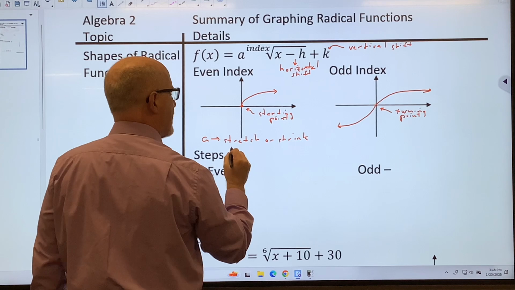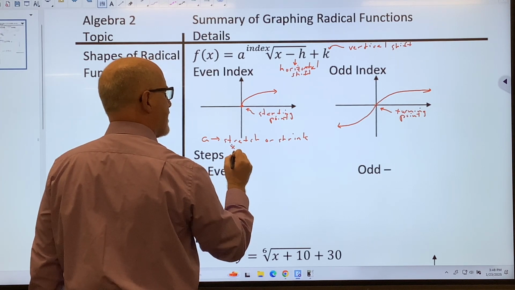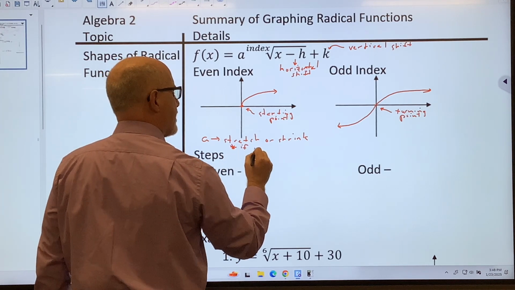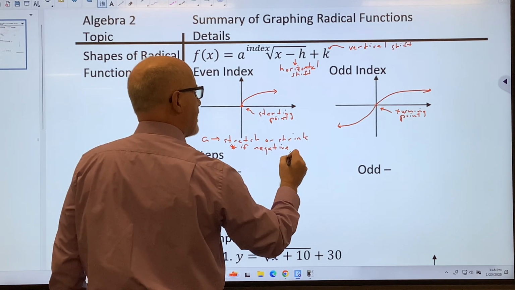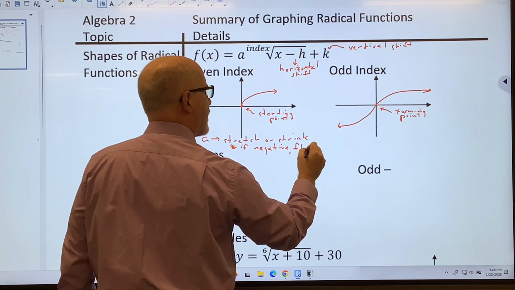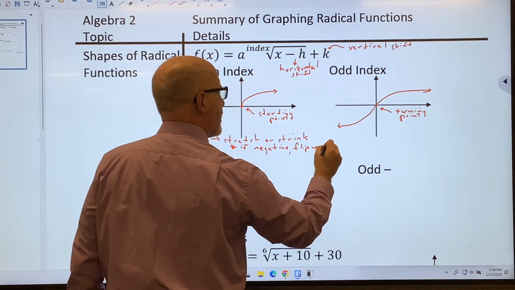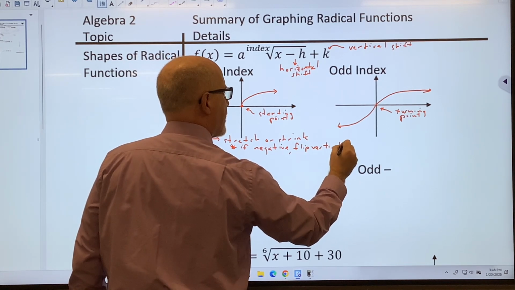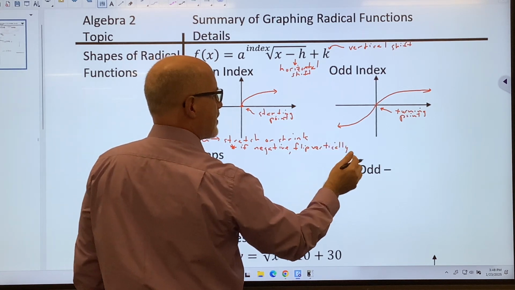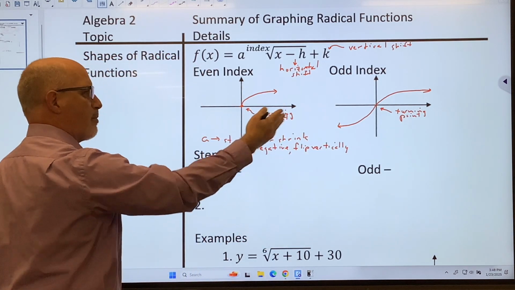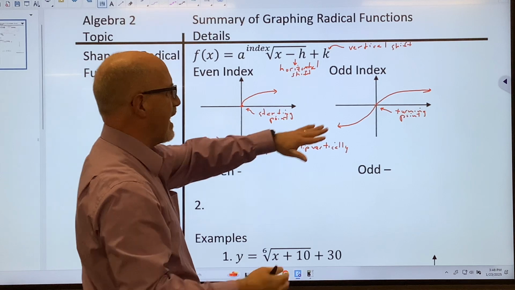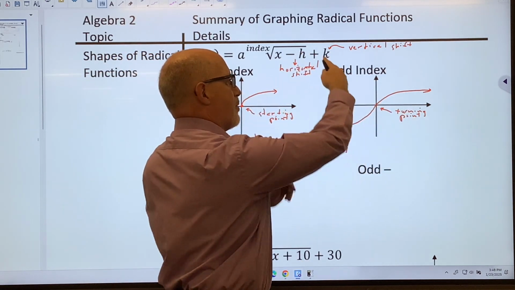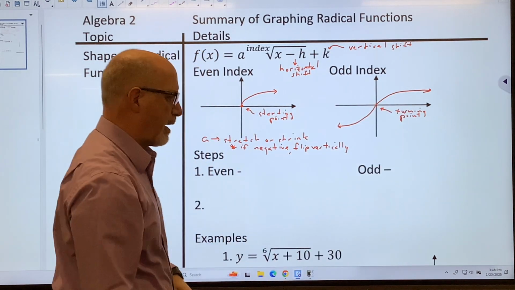Okay, so if negative, it's going to flip it vertically. Now it's going to be affected by where the starting point and the turning point is, but basically it flips it over so that it looks like that, and this one it flips it over so it will come in and out from that one.